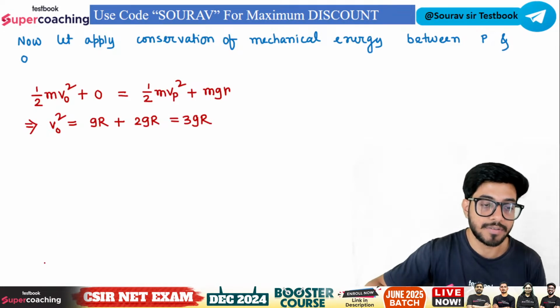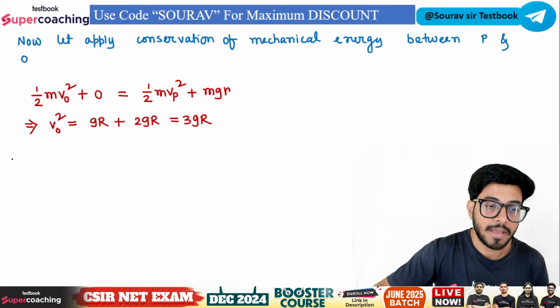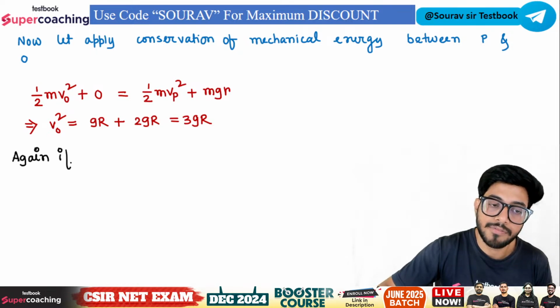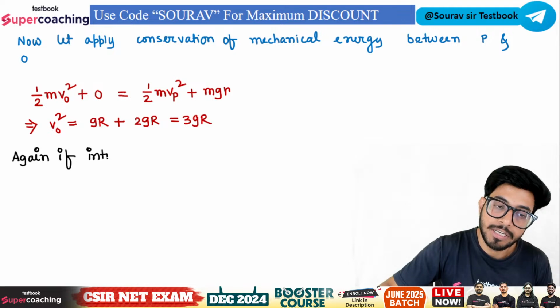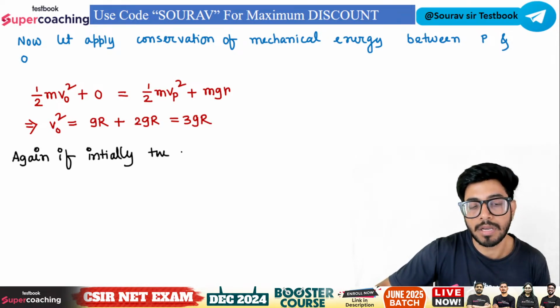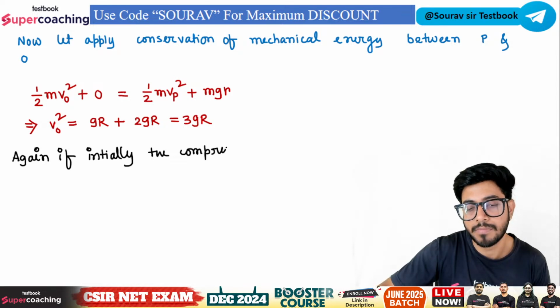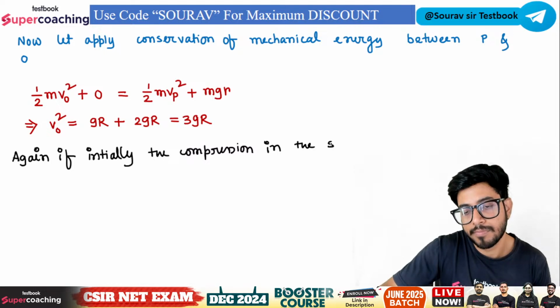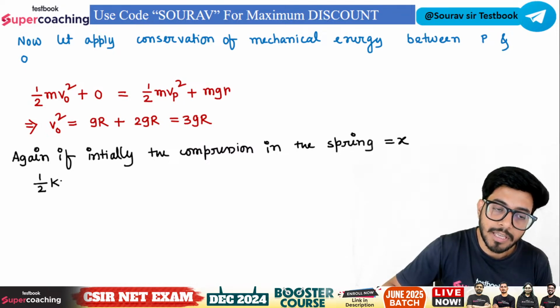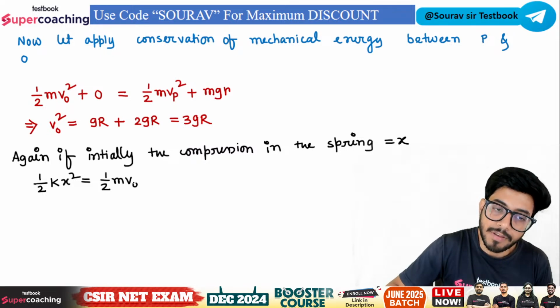Again, if initially the compression in the spring is equal to x, then half kx square should be equal to half m v naught square.